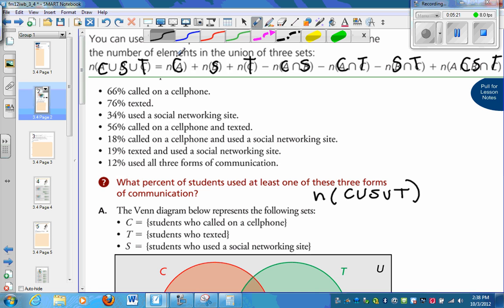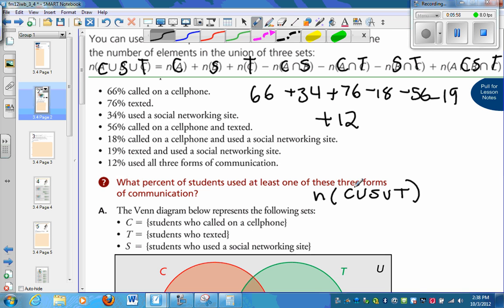So what this means is the union of all of them is equal to the number of cell phones, 66, plus the number of social network, 34, plus the number of texts, which is 76, minus those that are cell phone and social, so minus 18, minus cell phone and text, 56, minus social network and text, 19, plus the ones that do all three, plus 12.